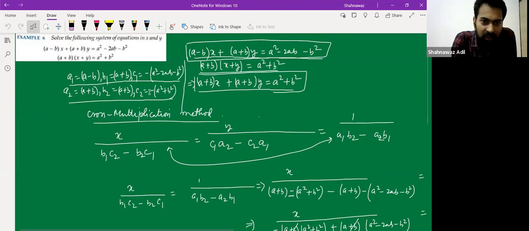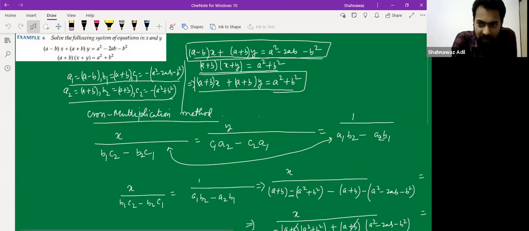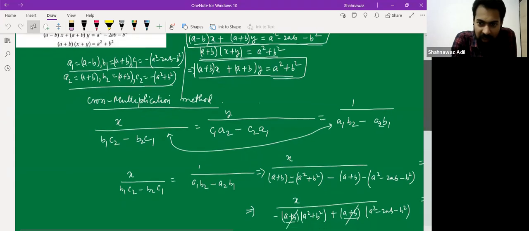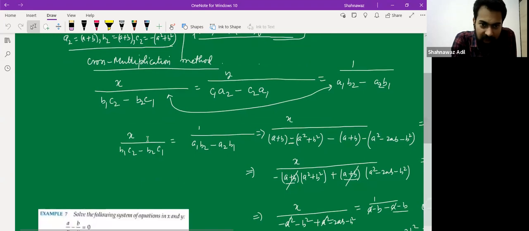So yes, these were the coefficients A1, B1, C1, A2, B2, C2. And when you know these coefficients, you can always calculate the unknowns, X and Y, right? So when you compare the first and the third part, you will get the value of X, right, Adil? Do you remember? Yeah. Okay, so in the previous class, we calculated for X only, right?